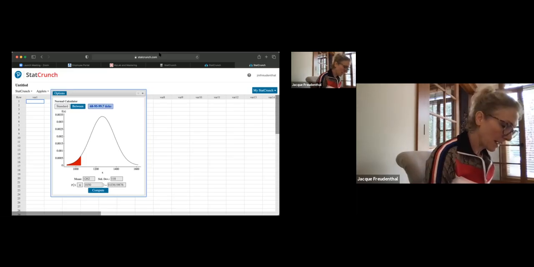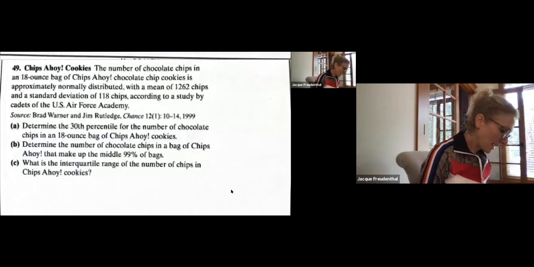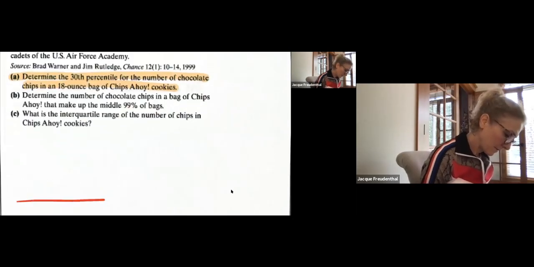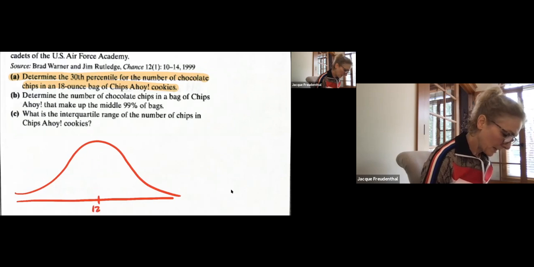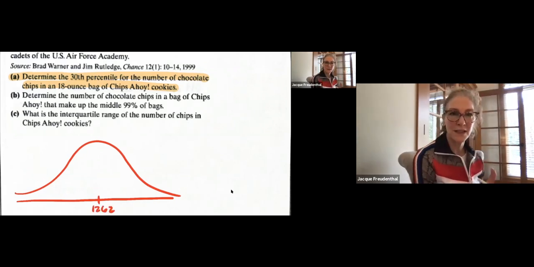So I'm looking at part A here. The mean is 1262. And I'm not going to put any scale on because I'm not really sure where it's going to fall.